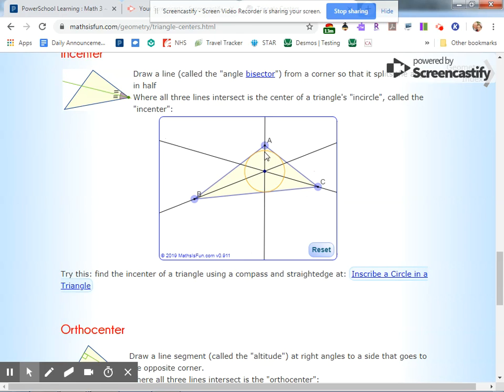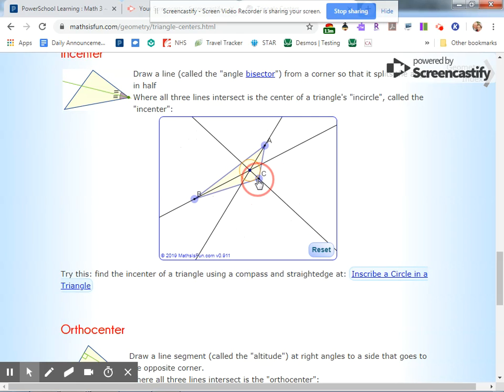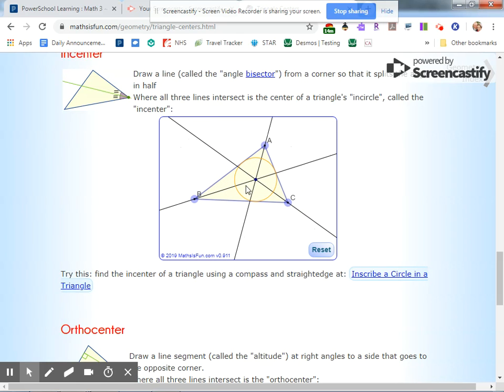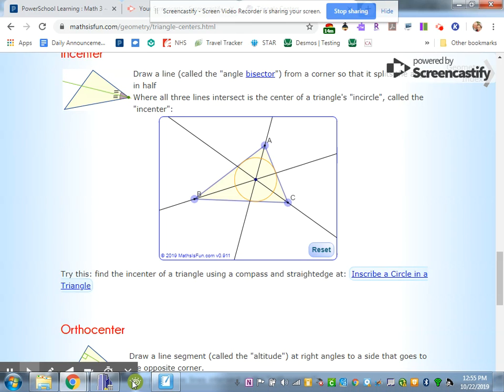But it fits right inside of the triangle, and the center of the circle is the incenter of the triangle. So it's an inscribed circle, a circle completely inside the triangle. The center of the circle is the incenter of the triangle.